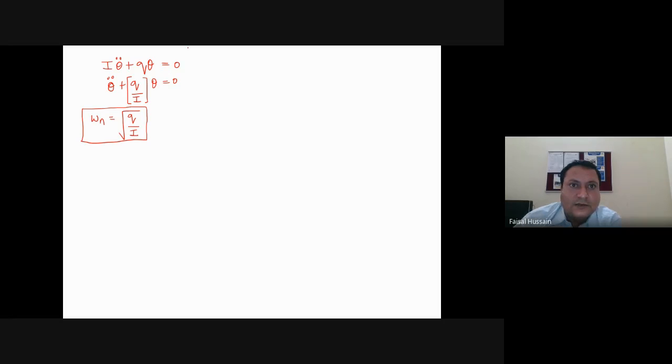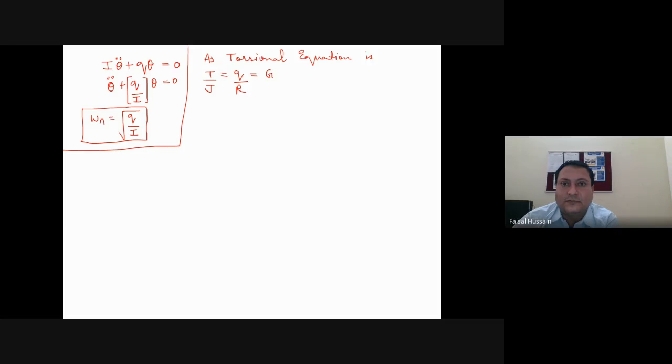Okay, so here this is our equation. Now see students, tell me the torsional equation. What is the torsional equation? The torsional equation is T by J equal to q by r equal to G theta by L. This is the torsional equation.